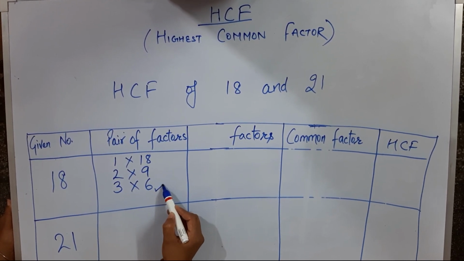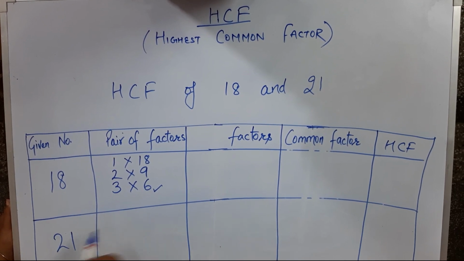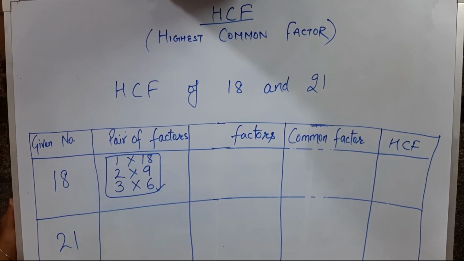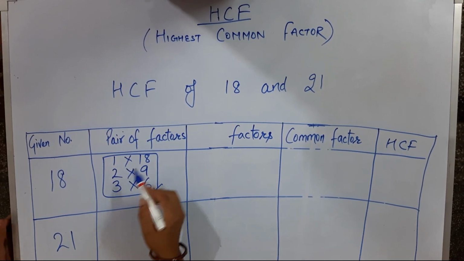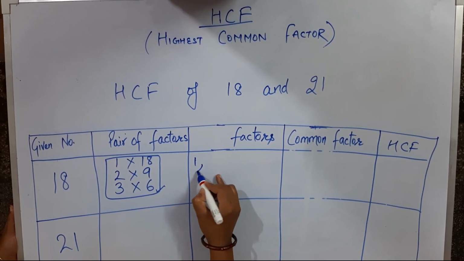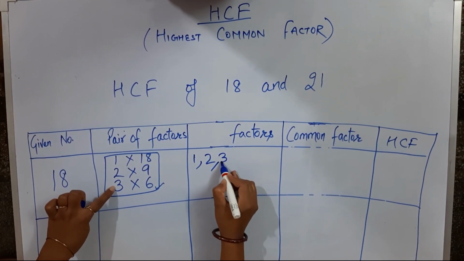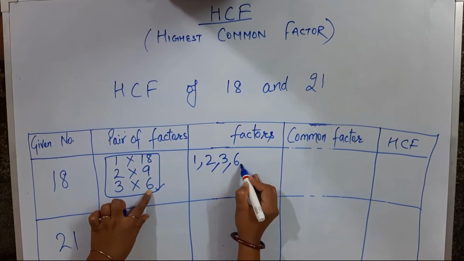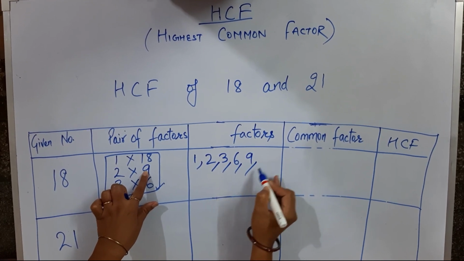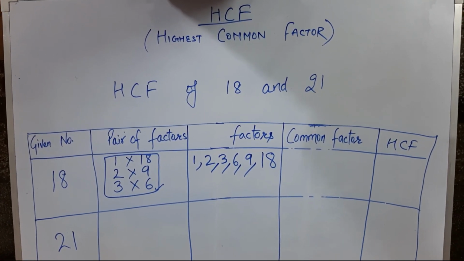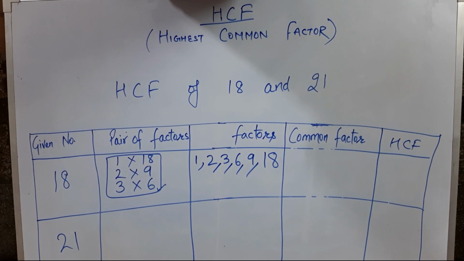But 6 I have already written, so I will not repeat this. So these all are the factors of 18. The factors are 1, 2, 3, 6, 9, 18. I have written them in ascending order.